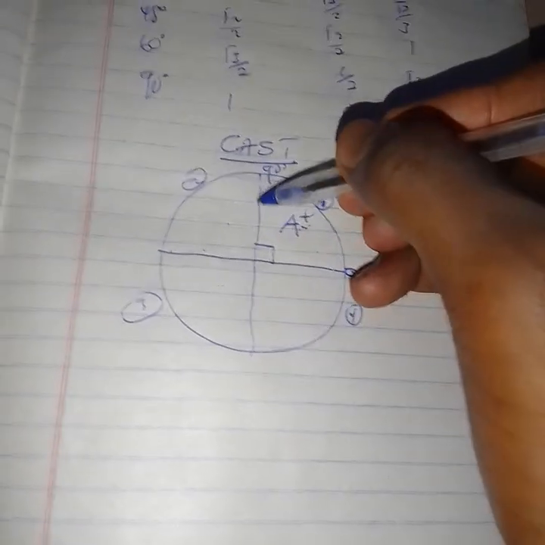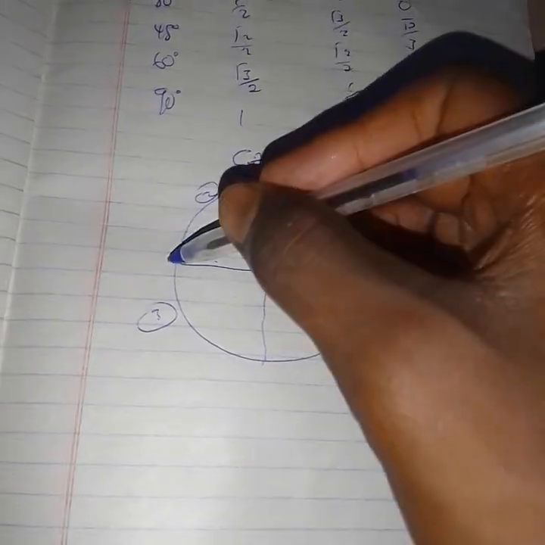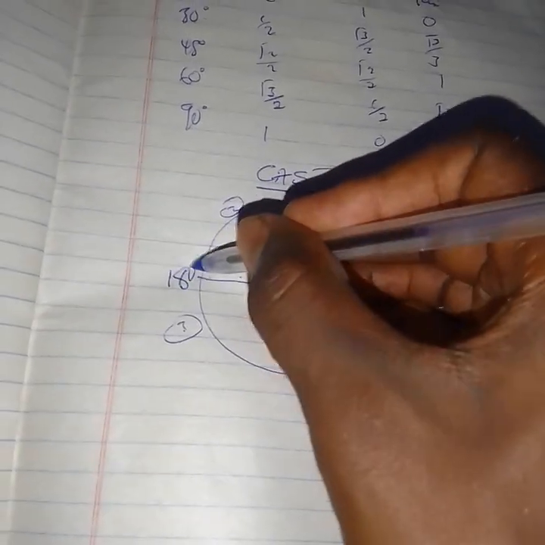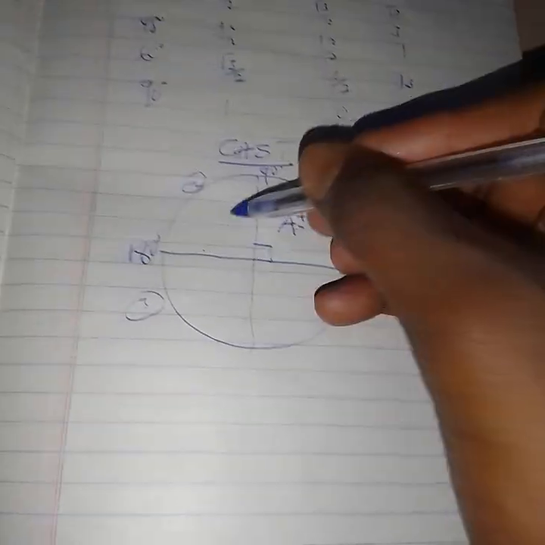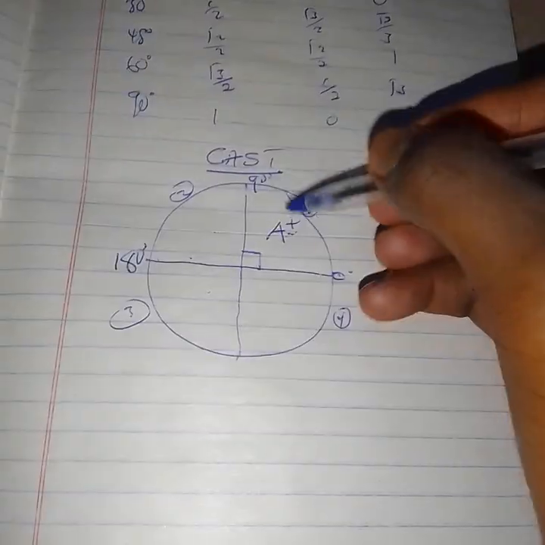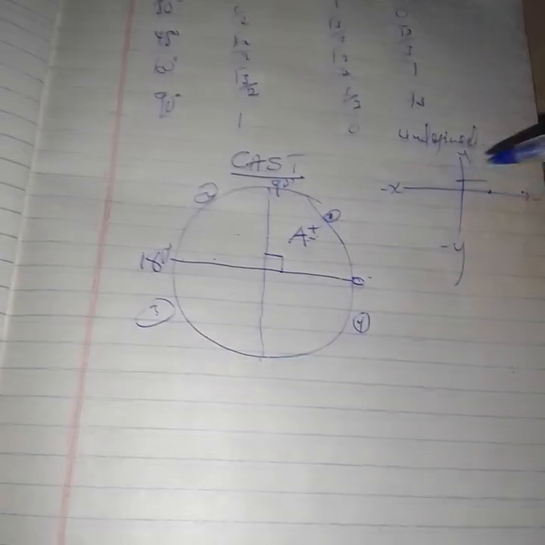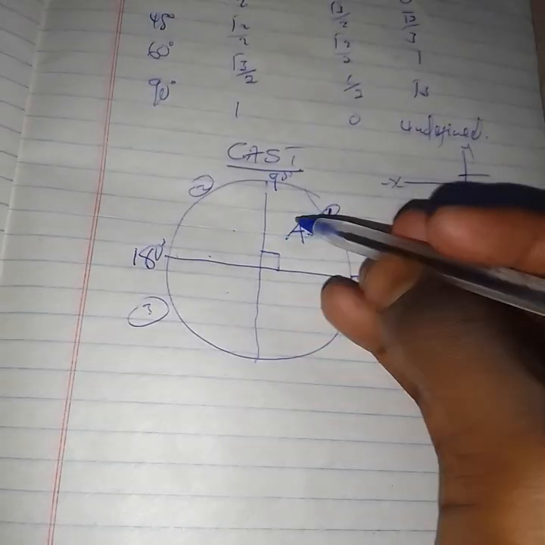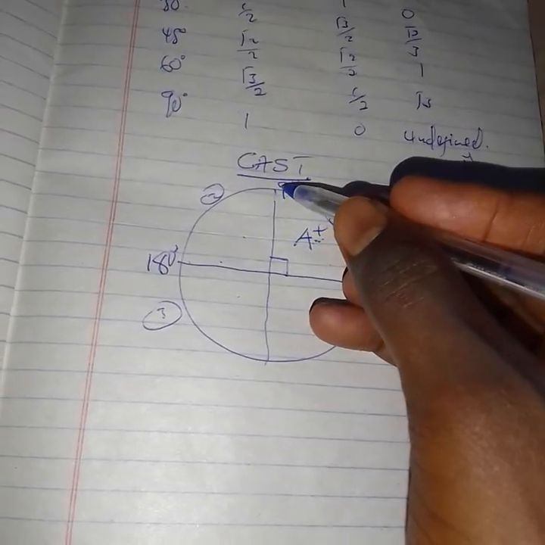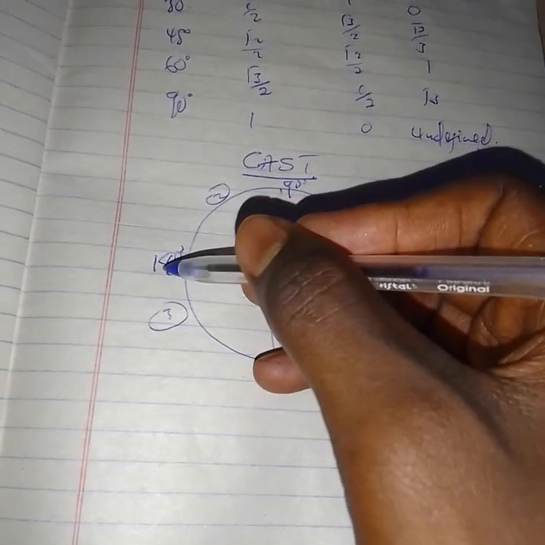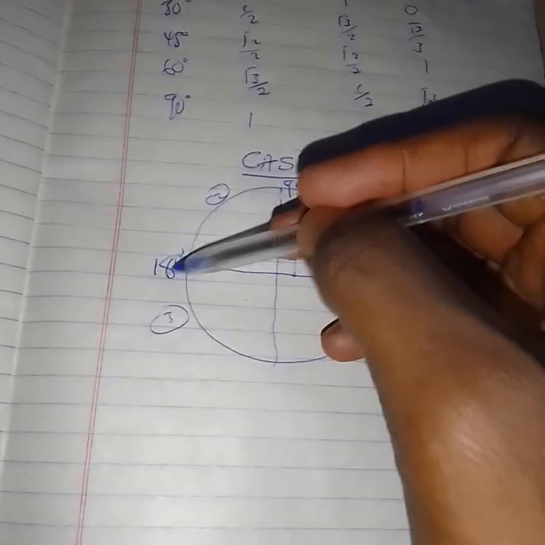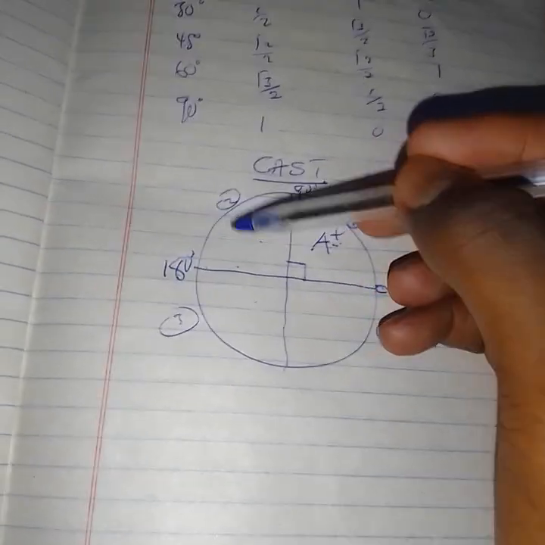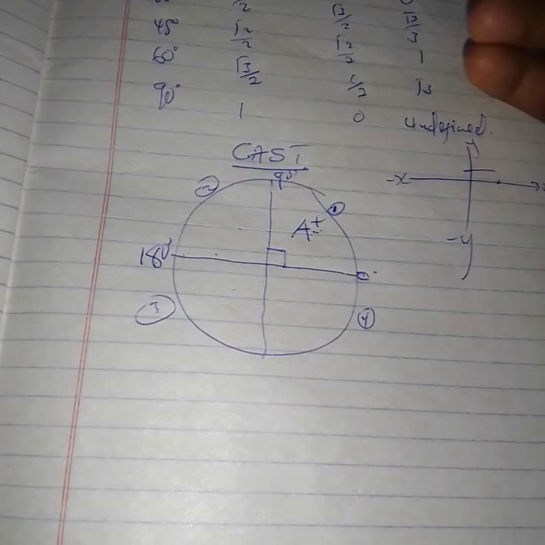Now let's go to the second quadrant. The second quadrant begins from 90 degrees to 180 degrees. Remember, we are moving anti-clockwise. So any angle that we are calculating that falls in this range will only be positive for one of these three ratios, which is sine.